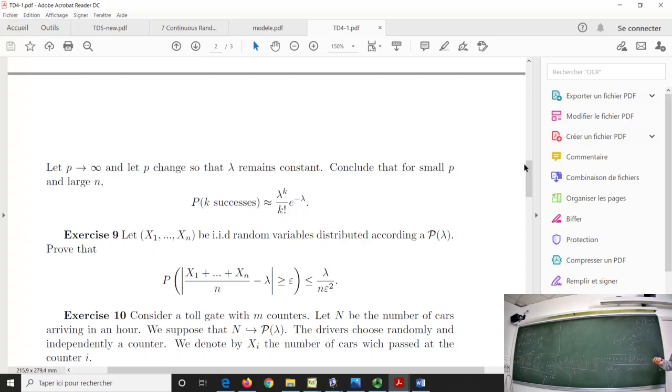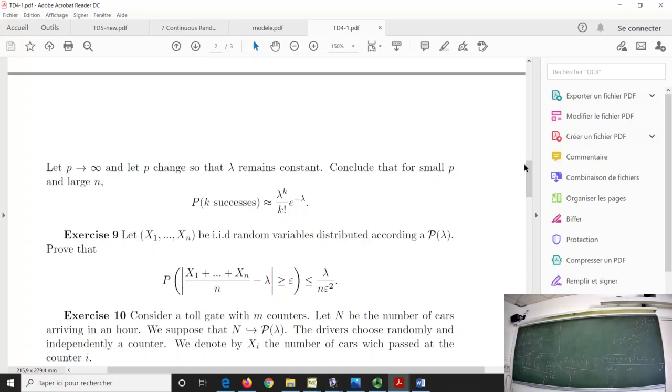We have a trick to compute C(n,k), the Pascal triangle, but it's okay if you want to compute for n equal to 5, 6, 7, 8, or 9. If you want to compute C(n,k) for n equal to 1,000,000,000, which can happen in statistical physics or statistical mechanics, even with a very big computer, it can be very complicated. That's why we prefer to use this approximation that is easier to compute and that is in practice not that bad.